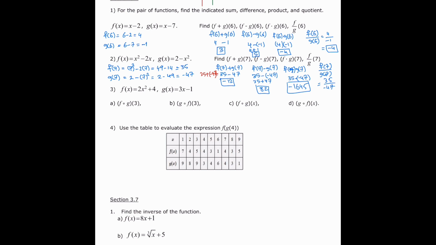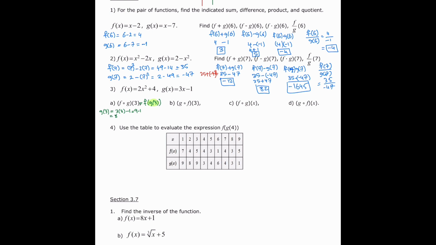Question number 3. F of x is 2x squared plus 4. G of x is 3x minus 1. We want to find f after g of 3. So f after g of 3 is basically f of g of 3, which means we need to find g of 3 first. So g of 3 is equal to 3 times 3 minus 1, which is 9 minus 1, that is 8.